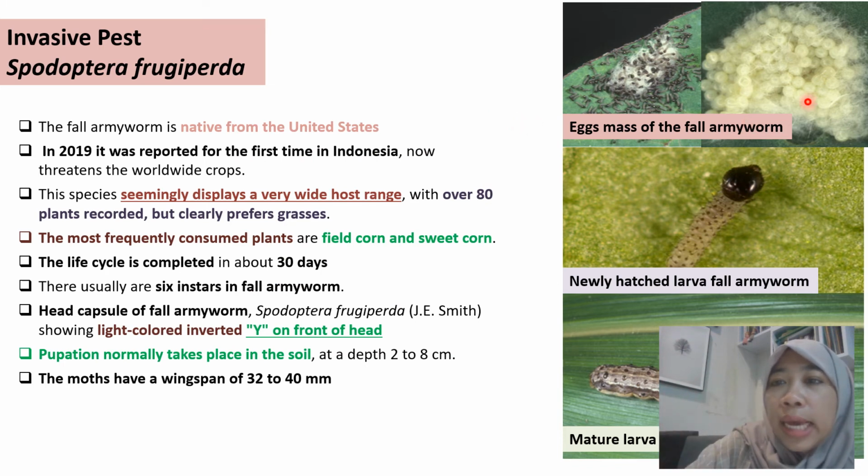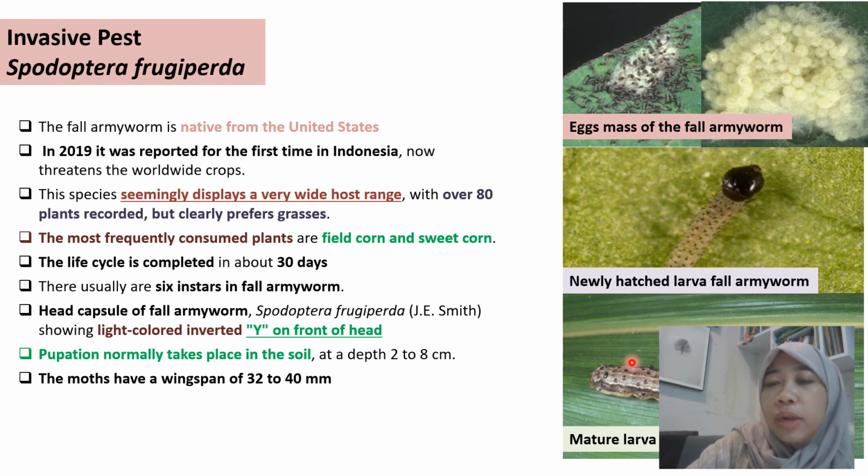And this is the egg mass of the armyworm, Spodoptera frugiperda, Noctuidae, Lepidoptera. After they hatch, maybe 200 larvae will come out from this egg mass, and these are the newly hatched larvae of the armyworm.